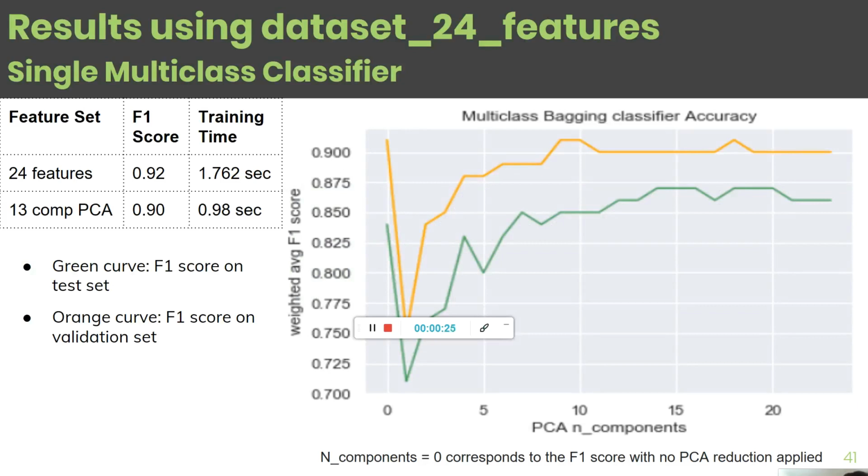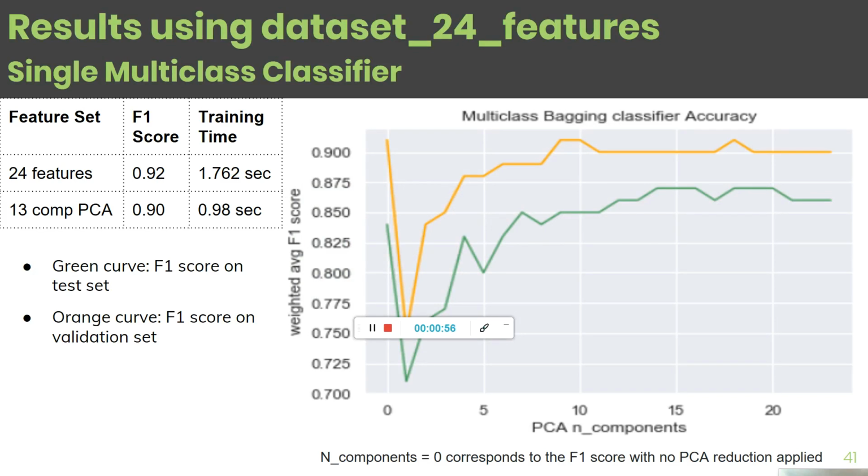Looking at the 24 feature set, our multi-class classifier obtained almost the same F1 score, which is a measure of classification performance, when trained on the full 24 features as well as on only the 13 component PCA representation of those 24 features.